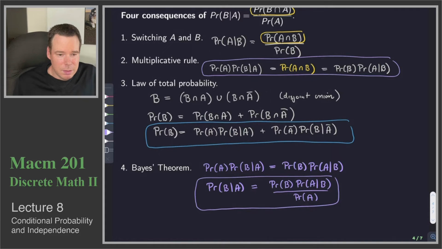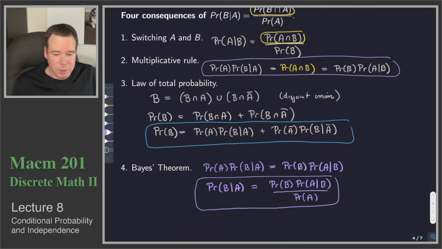What it does is it relates two conditional probabilities. The probability of event B occurring, given that we know A has already occurred, as compared to the probability of A occurring, given that we know B has already occurred. And this is the relationship between those two conditional probabilities.